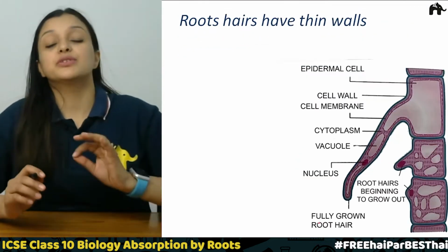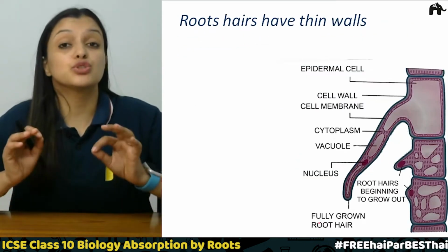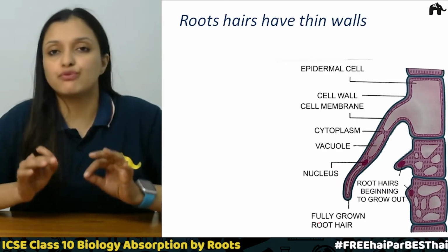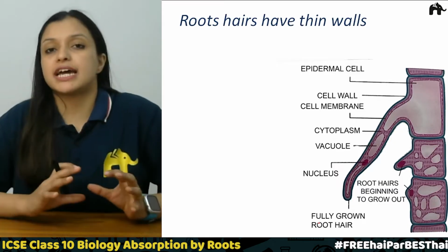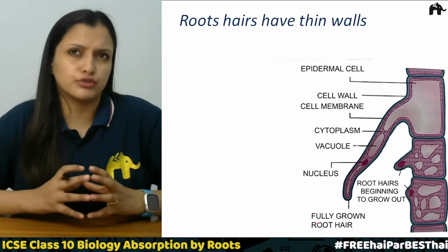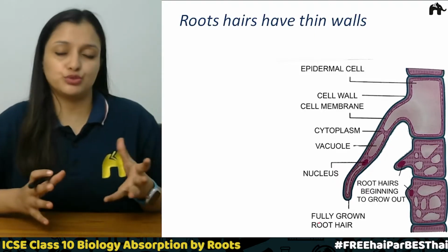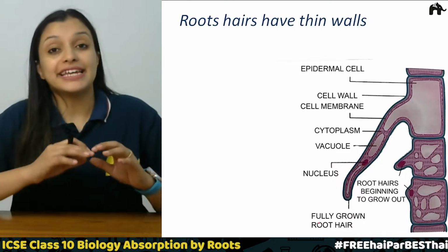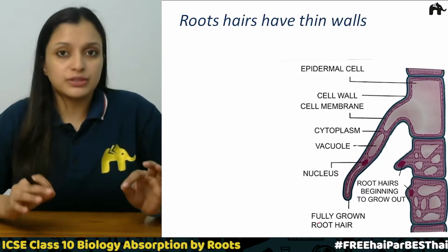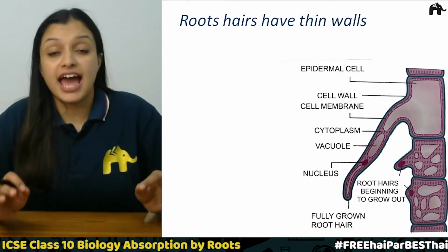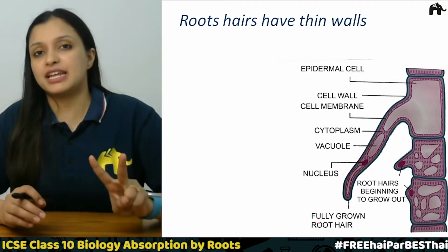Correct? Now the third characteristic, that is, root hairs have thin walls, right? So this is the diagram of a root hair, or you can say the cells of the root hair. Like every plant cell, we know that every plant cell has a cell wall and a cell membrane, right?